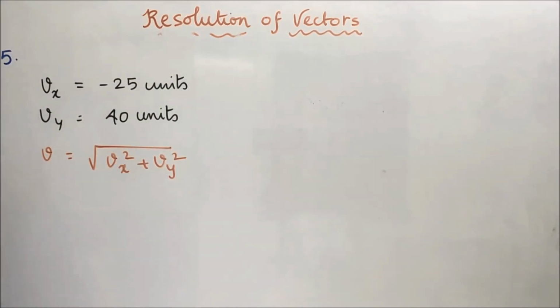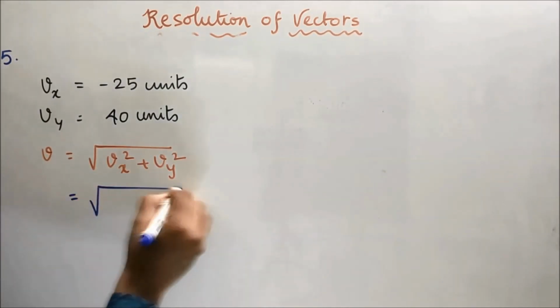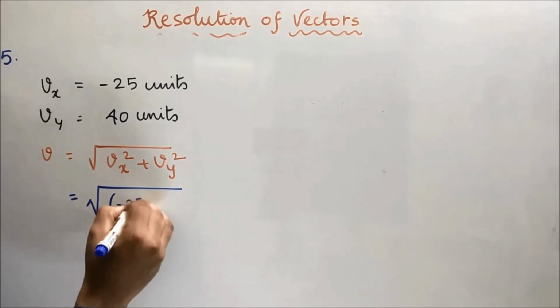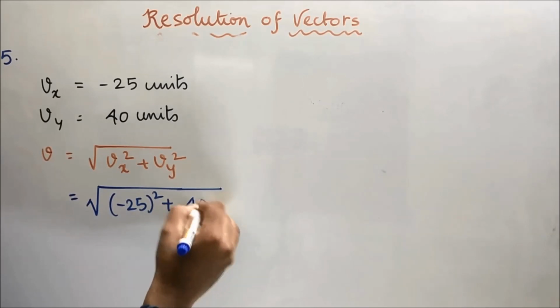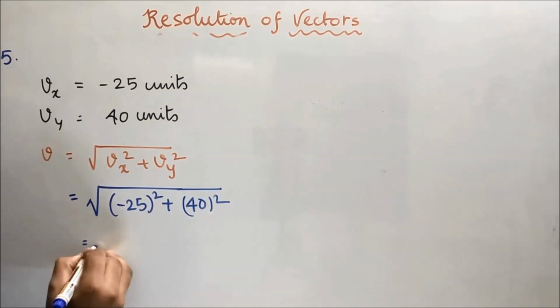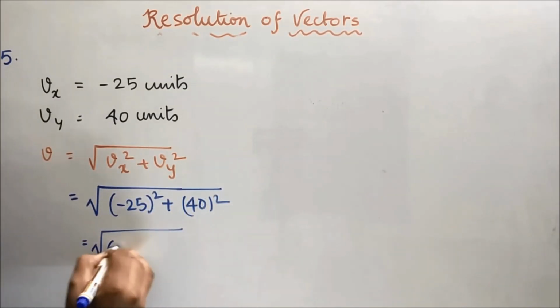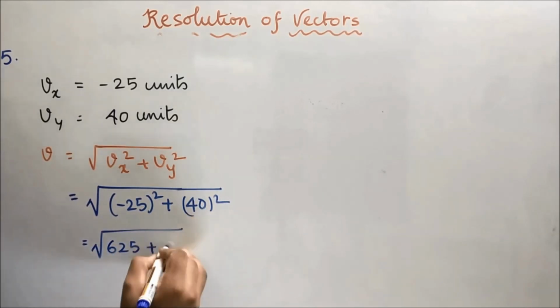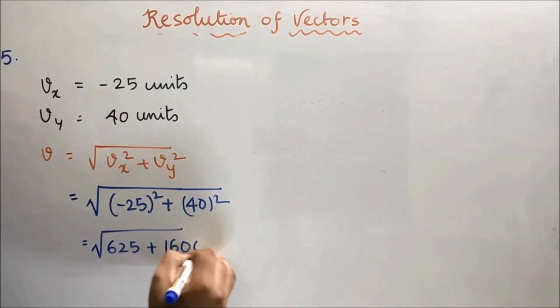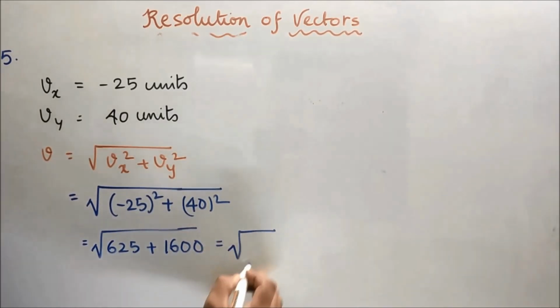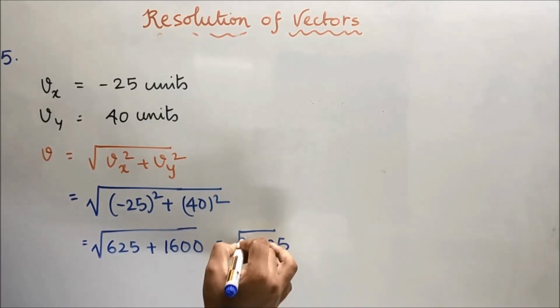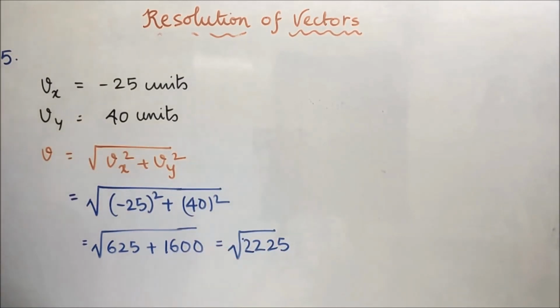Now put the values. Minus 25 square plus 40 square. 625 plus 1600. So how much is this? Root 2225.